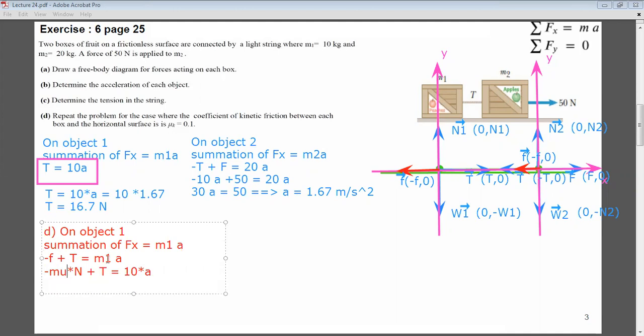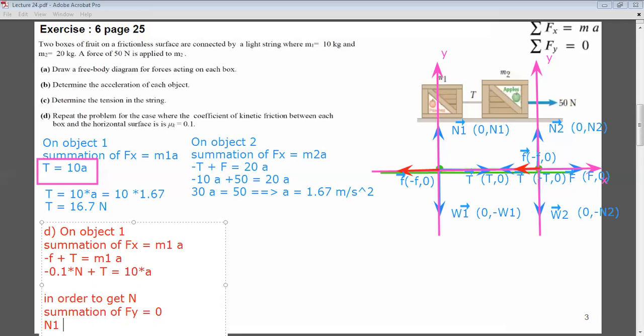Okay, mu I know it's 0.1, it's given. But what I don't know is this N. Okay, but I can get it. In order to get N, we do summation of Fy equal to 0. So I have N1.